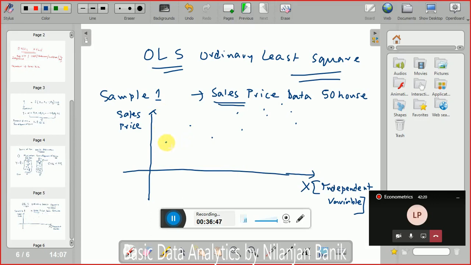Now this is the actual price. Let's say that the actual price of the house is given by this blue colored dotted line. Now when you fit the regression result, basically I get a line like this. This is my y hat. This line is my estimated price of the house. This will become clear once we run the regression.